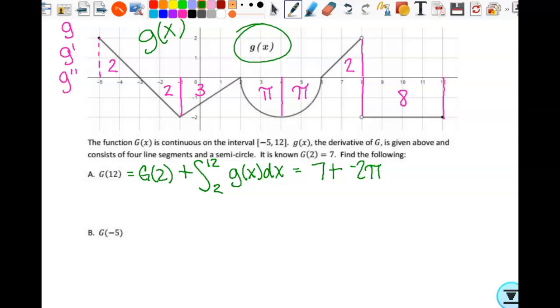Because it's underneath the axis. From 6 to 8, I have plus 2. And then from 8 to 12, I have minus 8. Very good. That's basically 9 minus 8, which is 1 minus 2 pi. Right, okay with that?